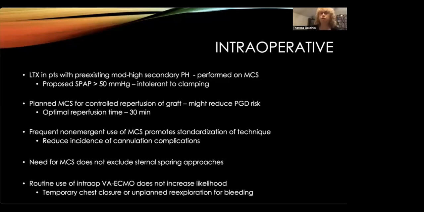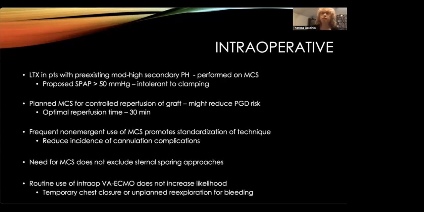Planned mechanical circulatory support for controlled reperfusion of the graft might reduce the risk of PGD, and the optimal reperfusion time is 30 minutes. Frequent non-emergent use of mechanical circulatory support promotes standardization of the technique and can reduce the incidence of cannulation complications.